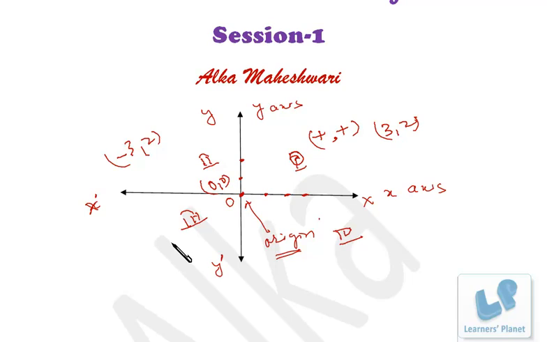That means in this quadrant, values of x and y, both of them will be negative. And in this quadrant, x is positive but y is negative. So x will be positive, y will be negative, right? So this is what the quadrant system is, or we can say the basic coordinate system. Okay.